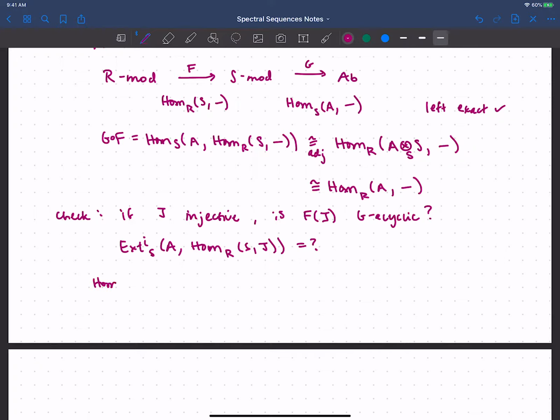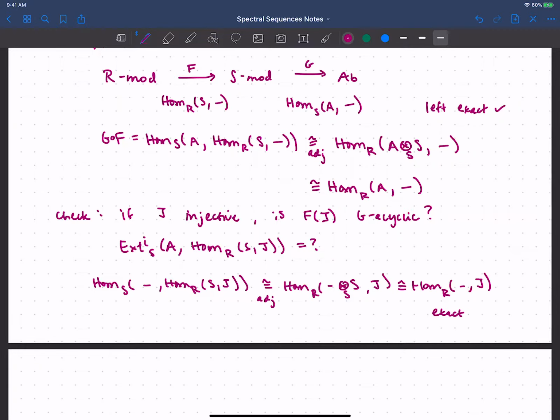Well, I'm really going to write down basically the same thing. So Hom_S(blank, Hom_R(S, J)), ignoring the A for a moment, is isomorphic by the same adjunction of tensor and Hom to Hom_R(blank tensor over S with S, J), and again, as above, the S's cancel in a sense, and so we have Hom over R of blank into J. Okay, but this functor is exact, right?